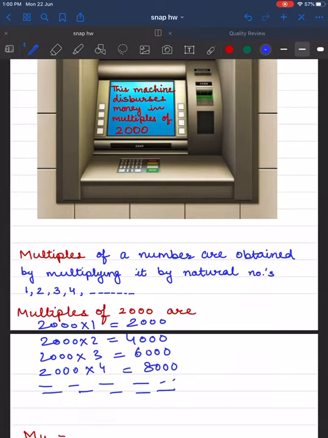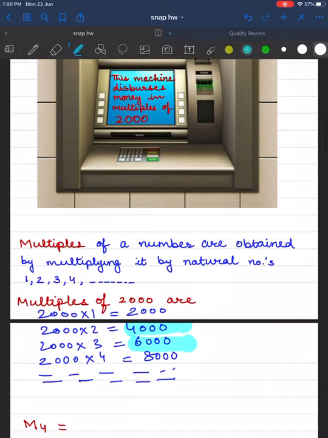The list never stops. Now here you can see I can withdraw either 4,000 or 6,000 and not 5,000 because 5,000 is not a multiple of 2,000.